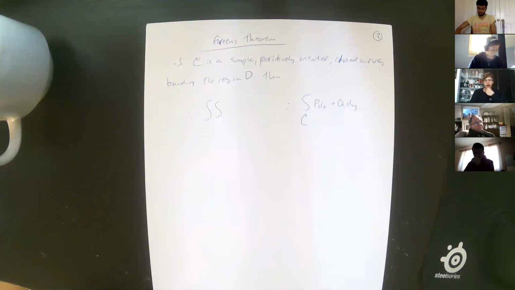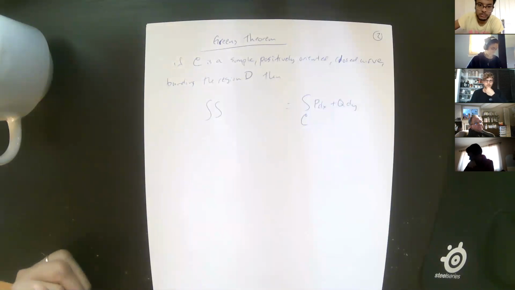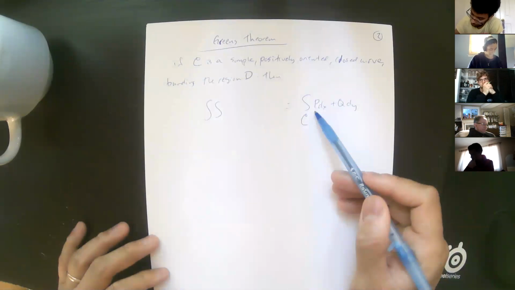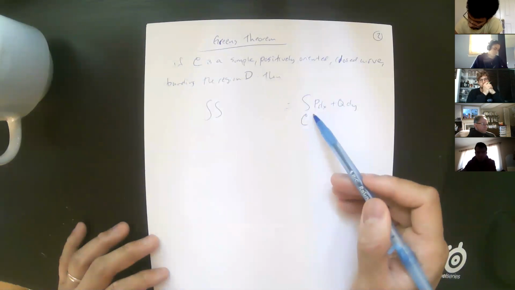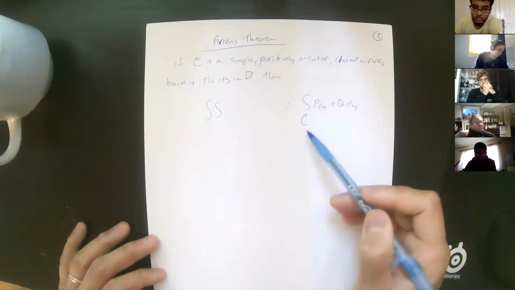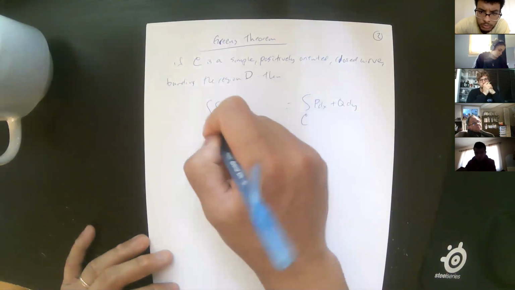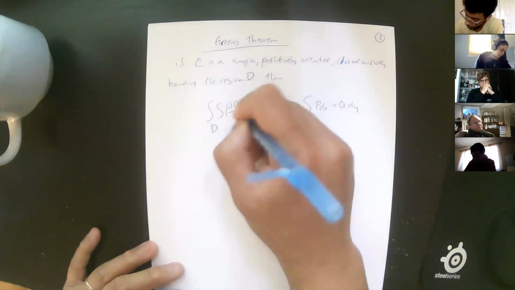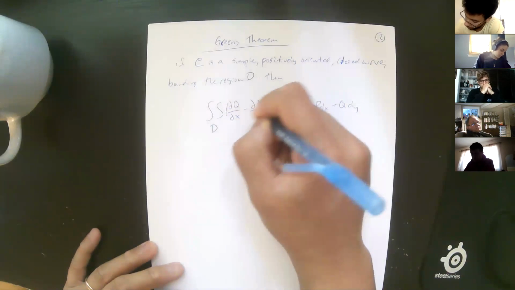We had a function. We want to integrate the line integral over just the x variable and just the y variable separately. If I want to integrate this on the curve, this is equivalent to doing a double integral over the region of the difference of the partial derivatives.